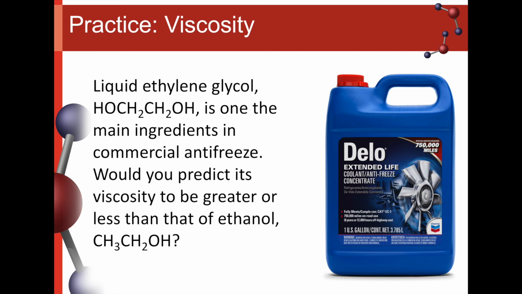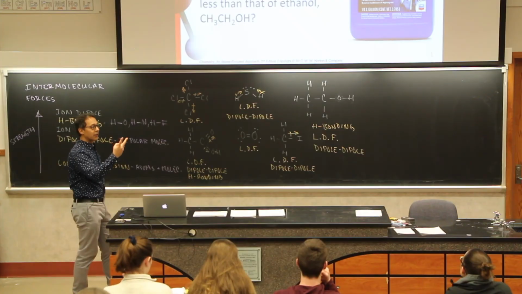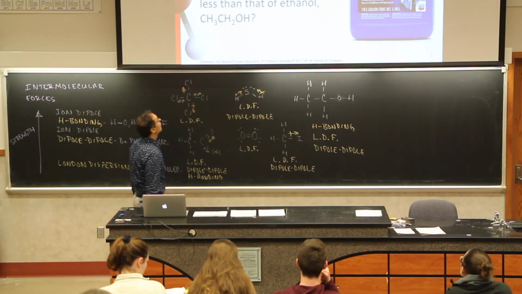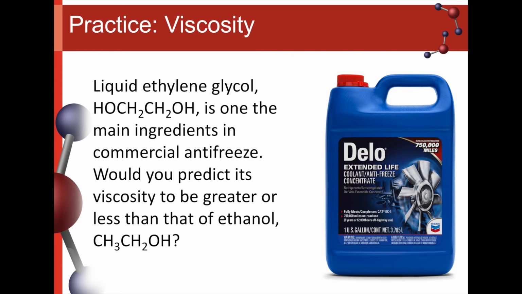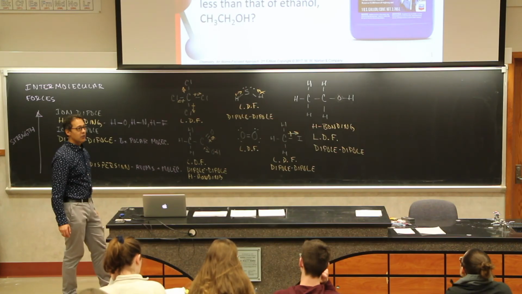So does the ethanol, but the ethylene glycol's got 2 of them. Yes, so the ethylene glycol would have stronger intermolecular forces, would be more viscous. It also would have a higher boiling point. This is why for your radiator in your car, you might use ethylene glycol and not alcohol.